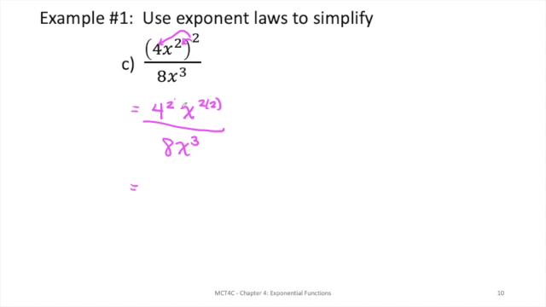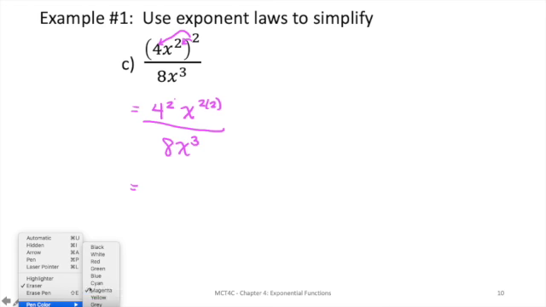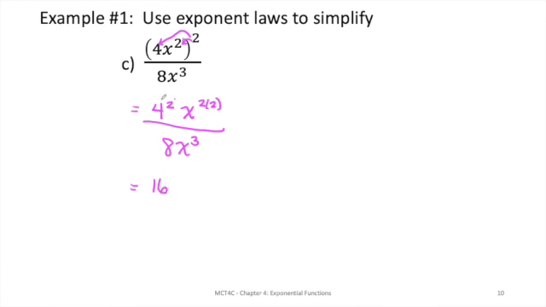So 4 squared x, and then actually let's simplify 4 squared. 4 squared is 16, and I'm evaluating that there because we can simplify 16 divided by 8 nicely. So you're going to get 8x4 all over 8x3.